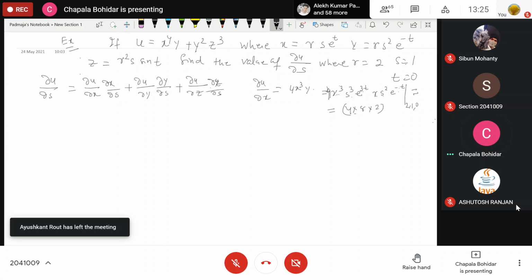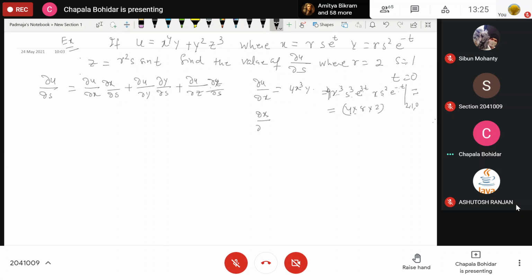Similarly, then del x by del s is r e to the power t. R is 2 and e to the power t is 1, so it is 2. Okay, del u by del y is how much?